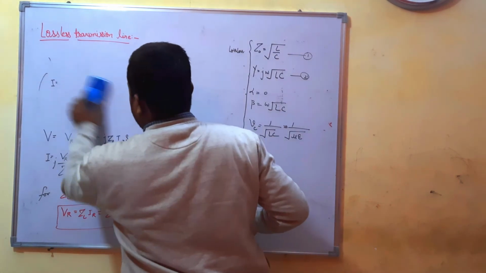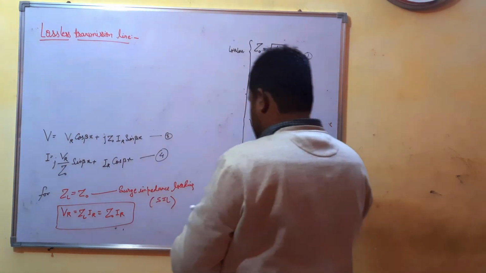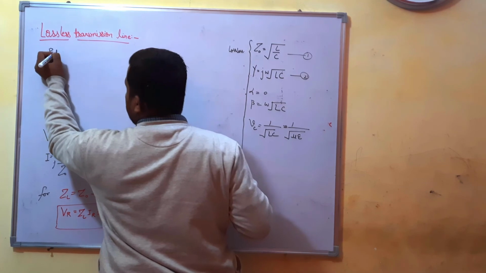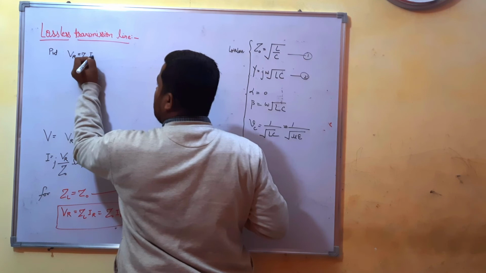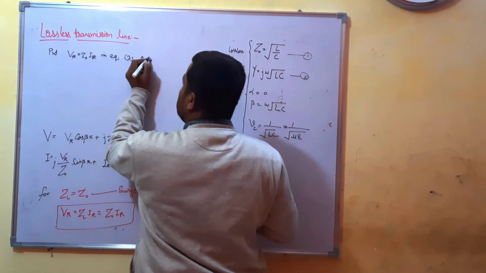Now we will put the value of VR in equations third and fourth. Put VR equal to Z0 IR in equations third and fourth.